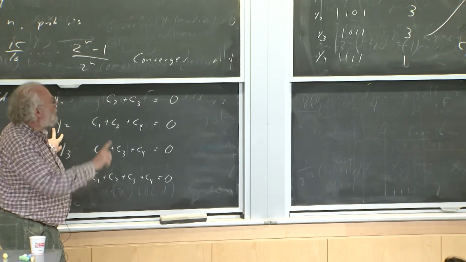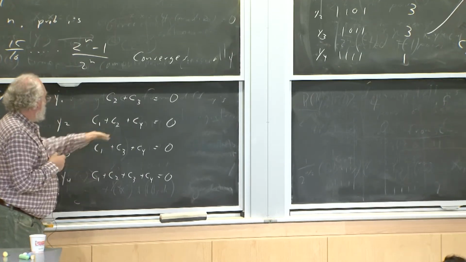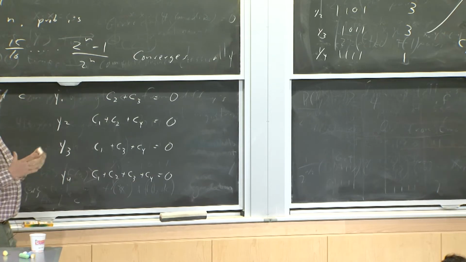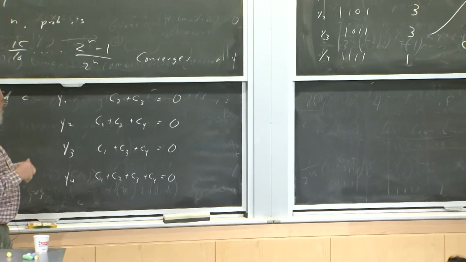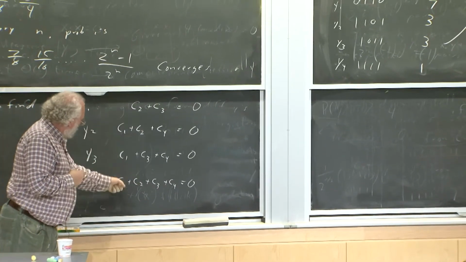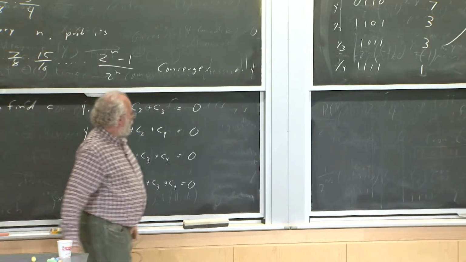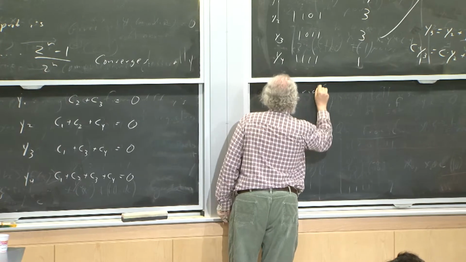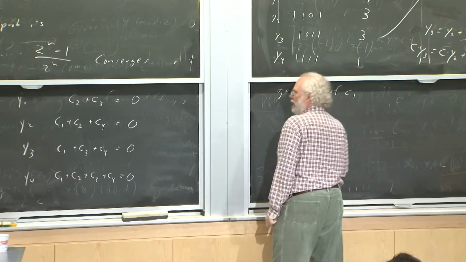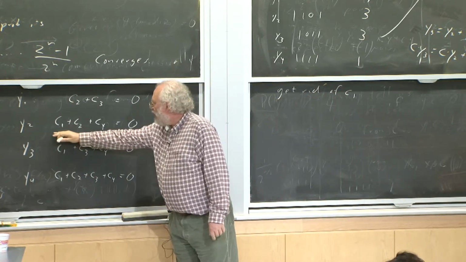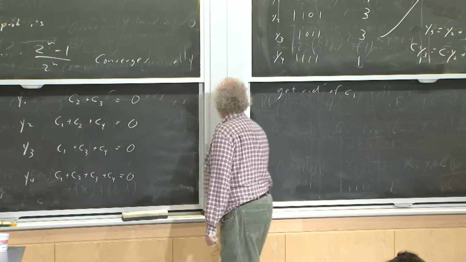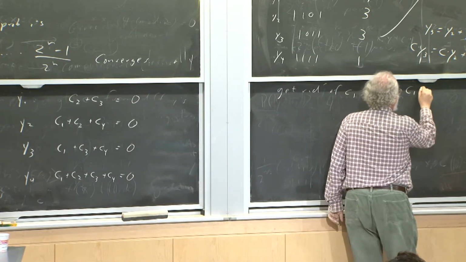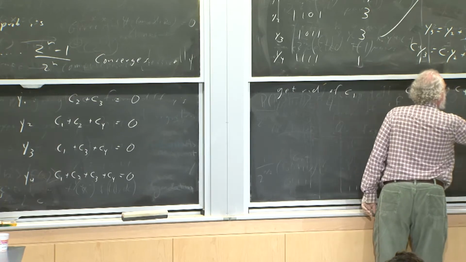I screwed up doing this in my notes, so I'm just going to be doing it on the board, so I could easily make a mistake. So let's eliminate the first variable first. Get rid of C1. Well, we know C1 equals C2 plus C4 from y2.